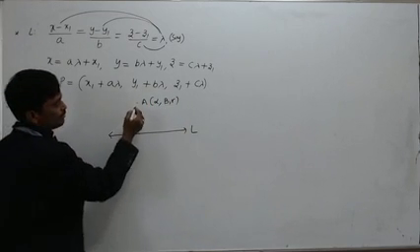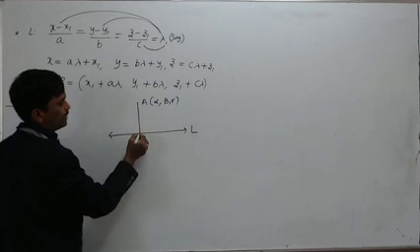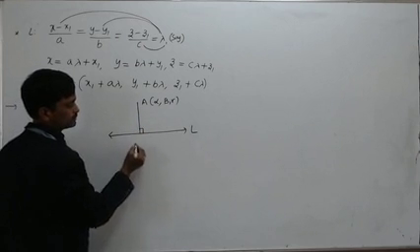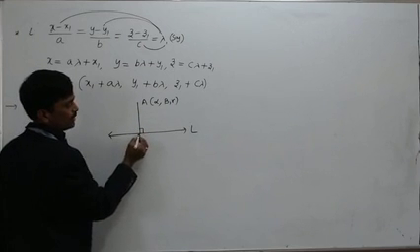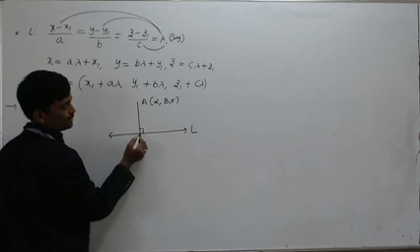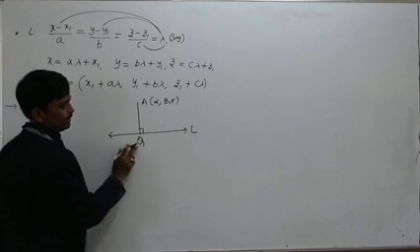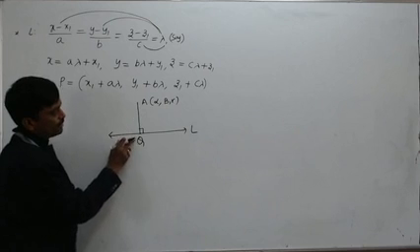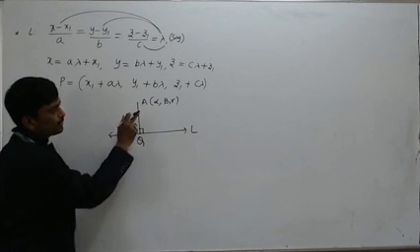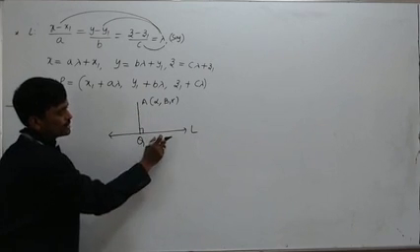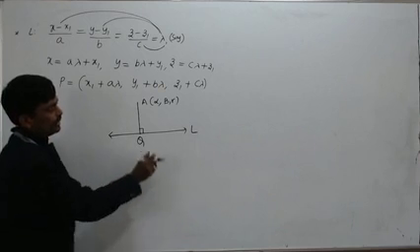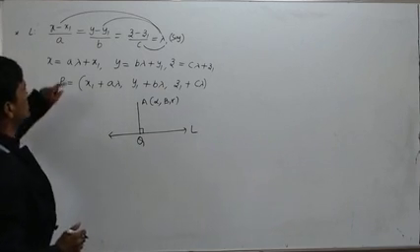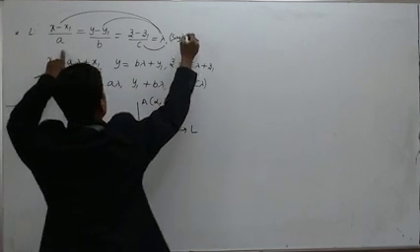So draw a perpendicular from A to the line L. Then this point, say Q, becomes the foot of this perpendicular drawn from point A on line L. The line equation L is in Cartesian form now.